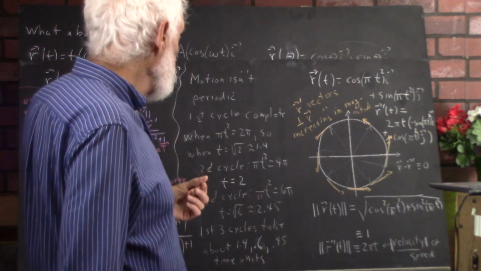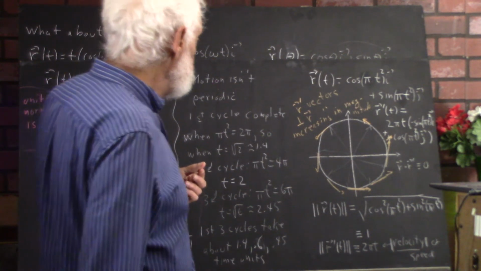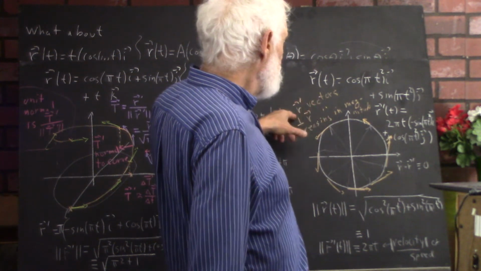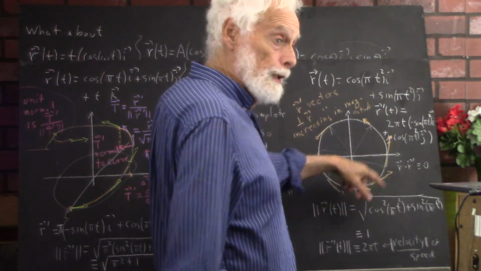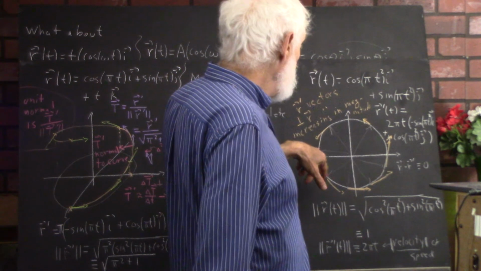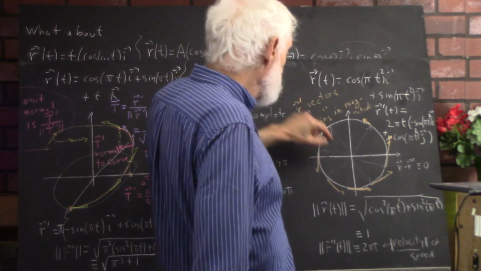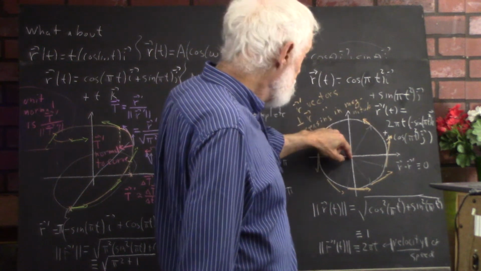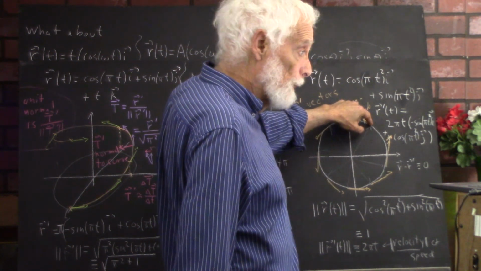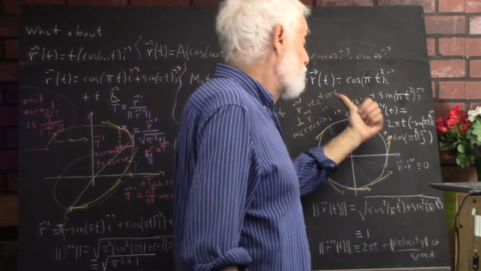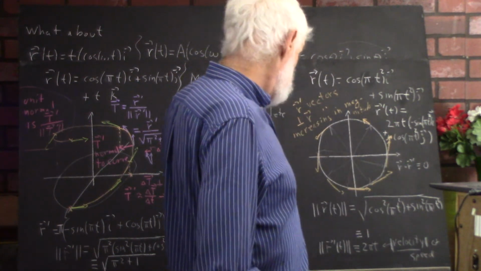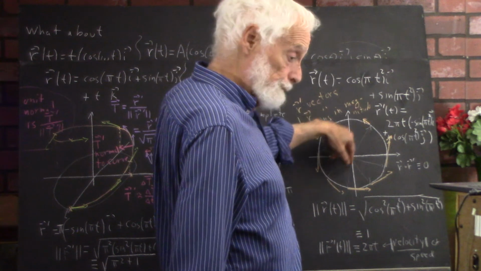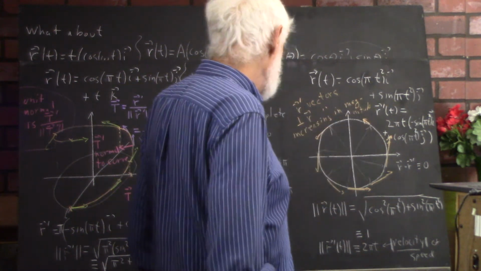By the geometry of the circle, r prime is always tangent to your path, so it's tangent to the circle, so the r prime vectors are all perpendicular to radial vectors. The vector from the origin out to the point is perpendicular to the tangent vector, which means that the velocity is perpendicular to the radial vector.